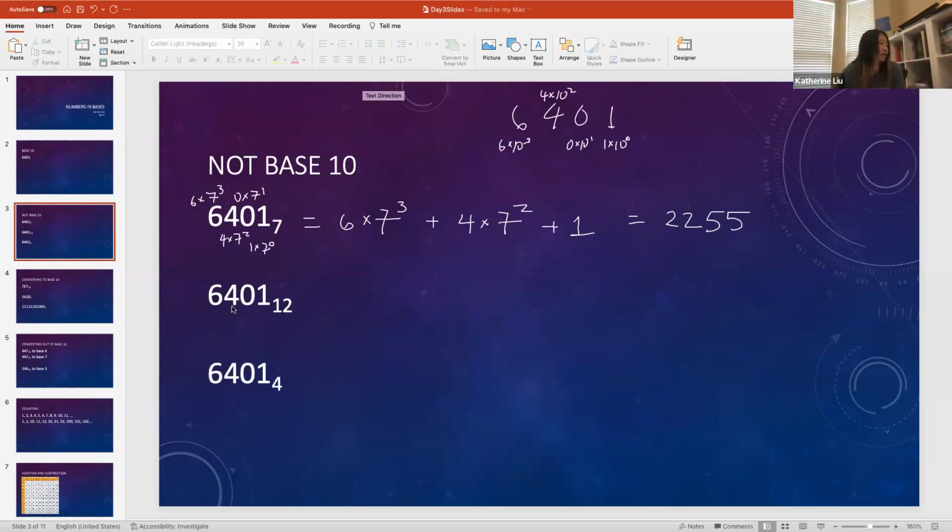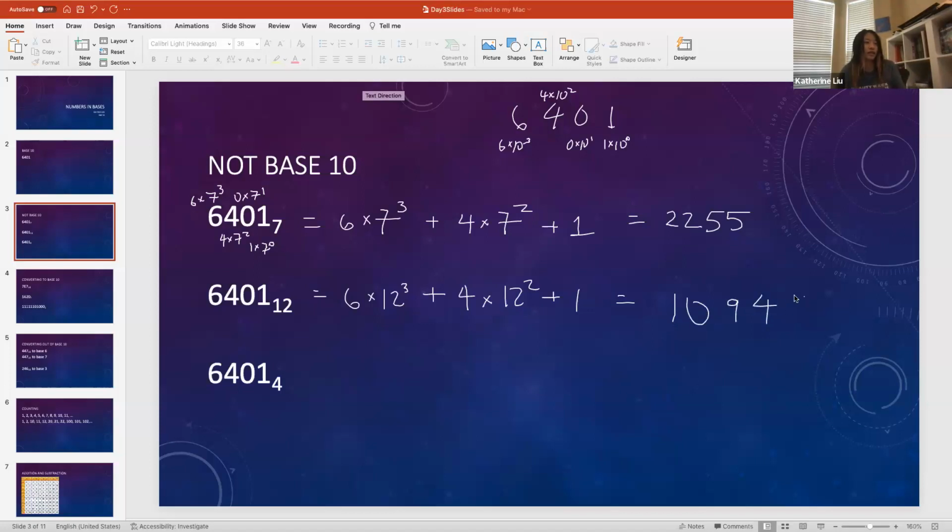But for now, let's do the same thing, okay? So this is going to be equal to 6 times 12 cubed, and then 4 times 12 squared, and then just 1. So let's calculate that again.